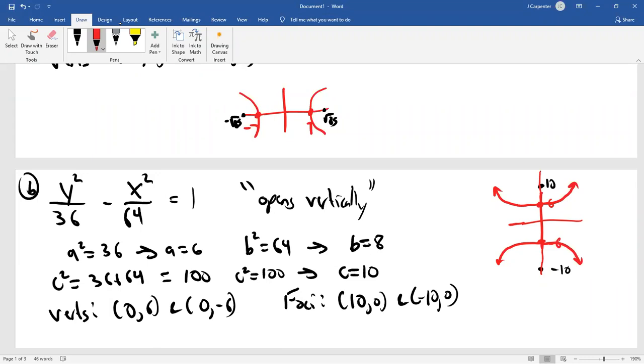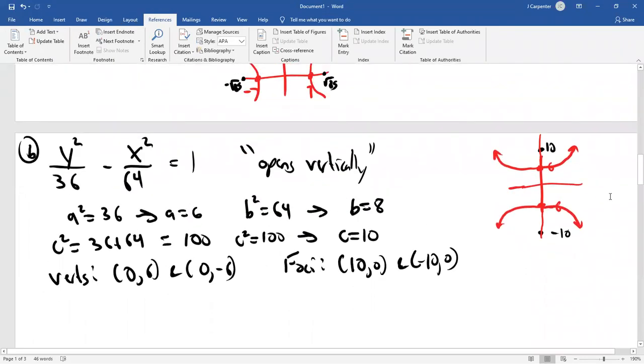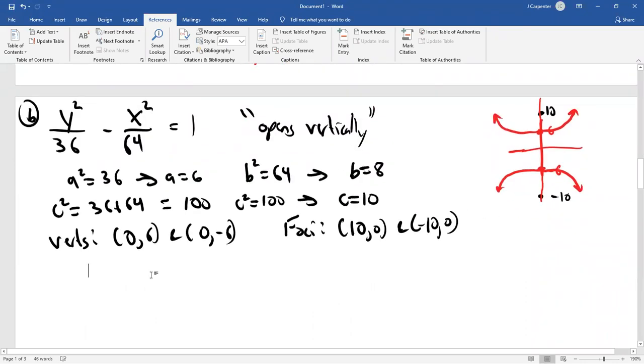But let's get into how we can actually do those graphs officially. We were able to graph the foci and the vertices, but actually knowing what this shape looks like, we're not quite ready because we need to do something called the box method. Now, I don't mean the box method for factoring, completely different thing.